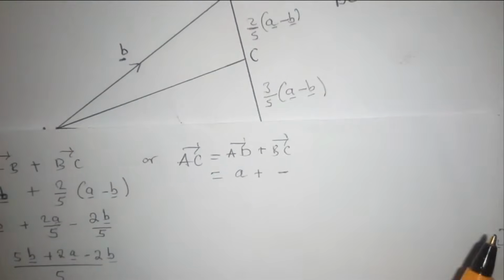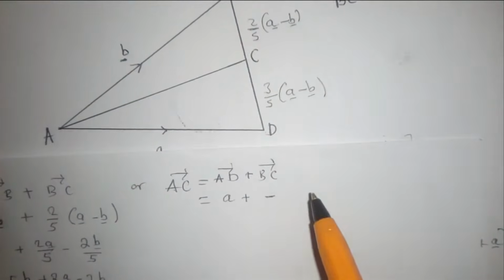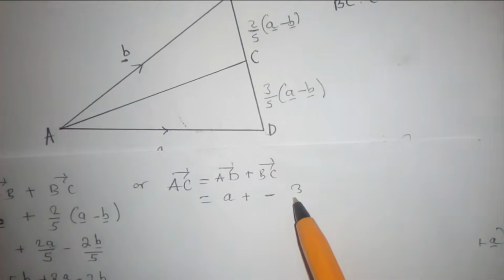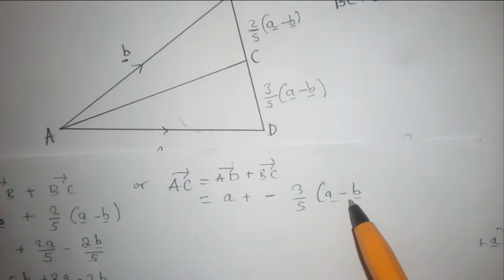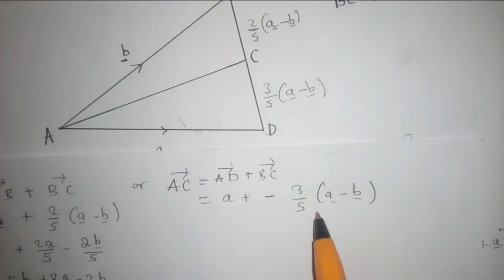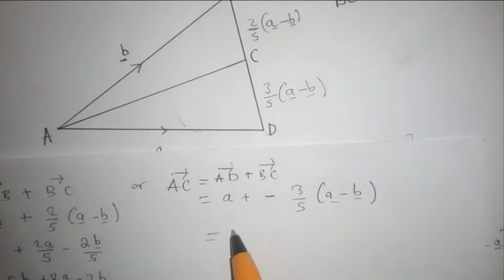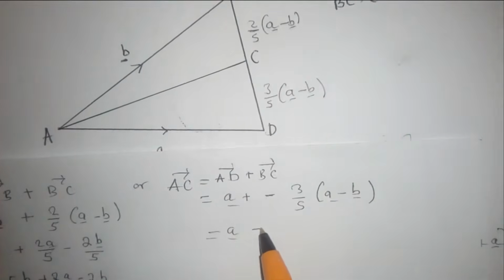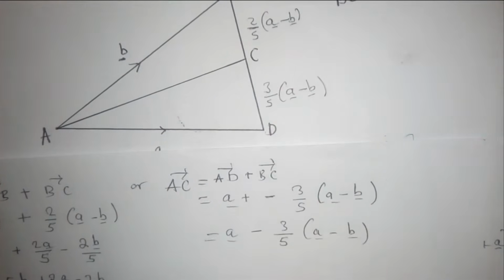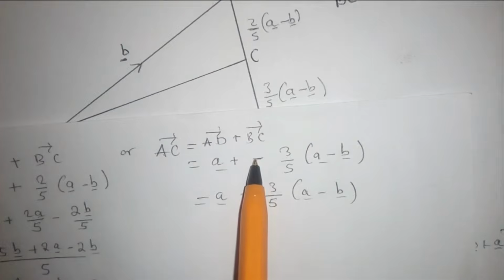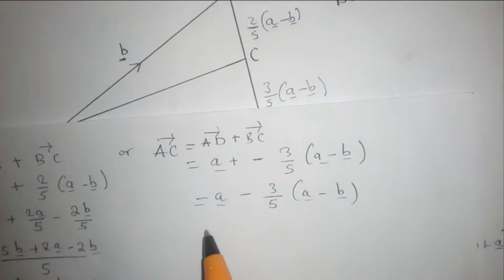We put a negative 3 over 5 a minus vector b there, okay? This is how it will look like. So here it will just be a negative 3 over 5, okay? Because positive by negative, it will just be negative.